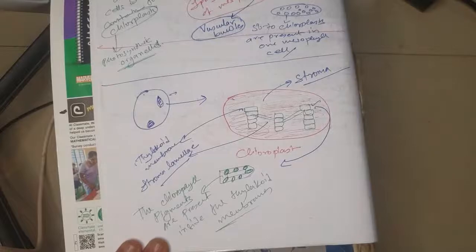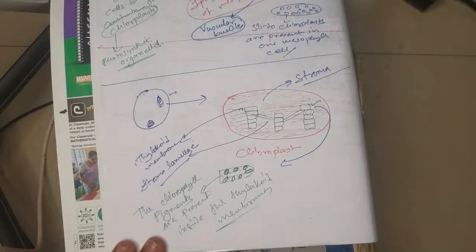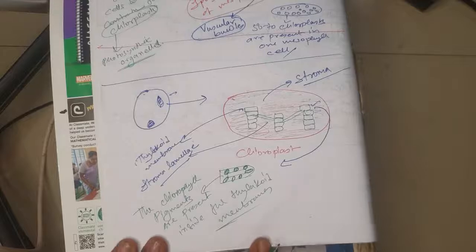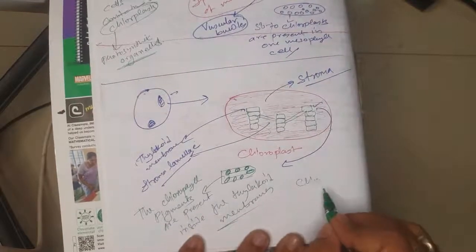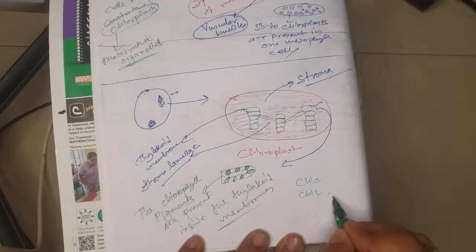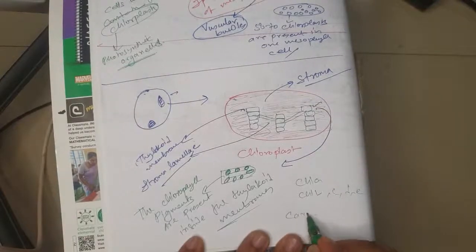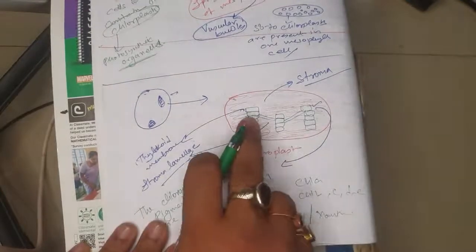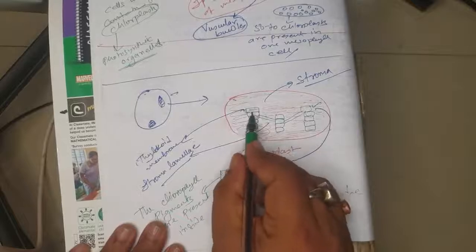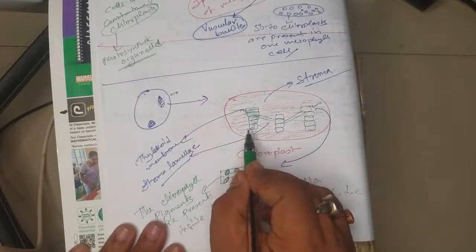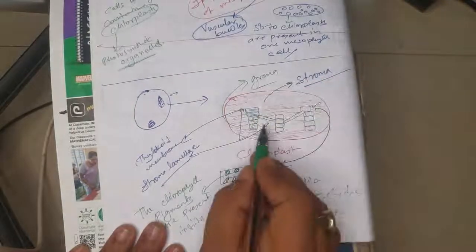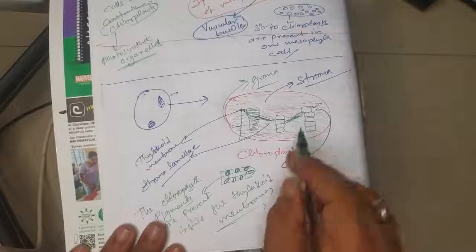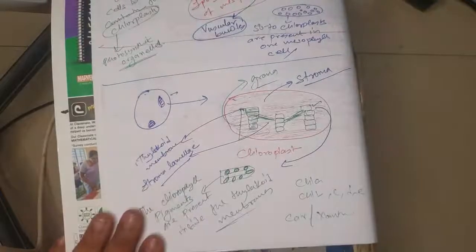Not only chlorophyll, but also other photosynthetic pigments, chlorophyll A, chlorophyll B, chlorophyll C, D, E, carotenoid, xanthophyll, are all present inside the thylakoid, and hence they form an entire stack. The entire stack is known as the grana, and each of the grana is connected by stroma lamellae. So this is the detail of the structure.